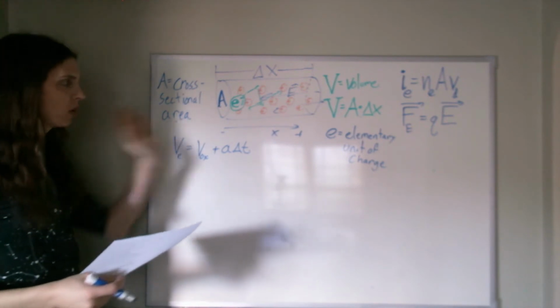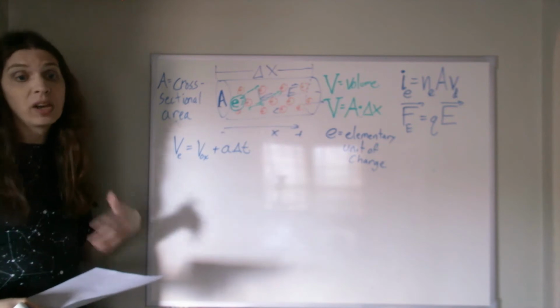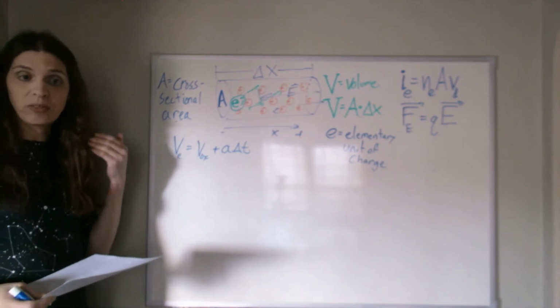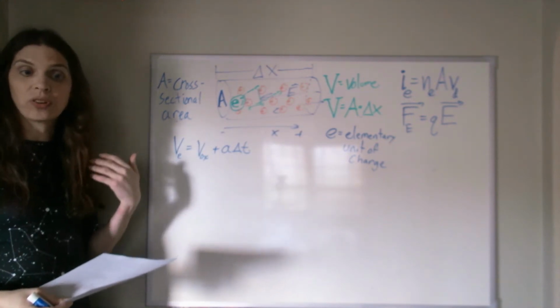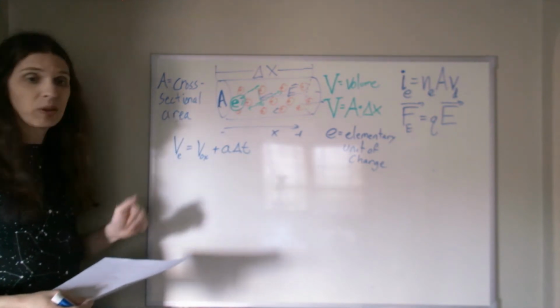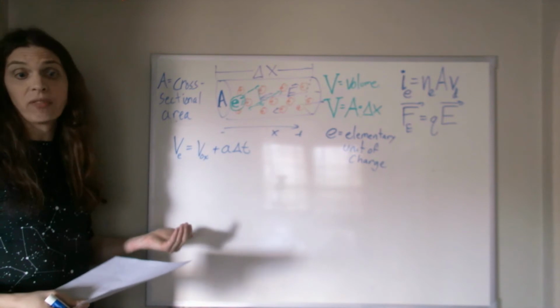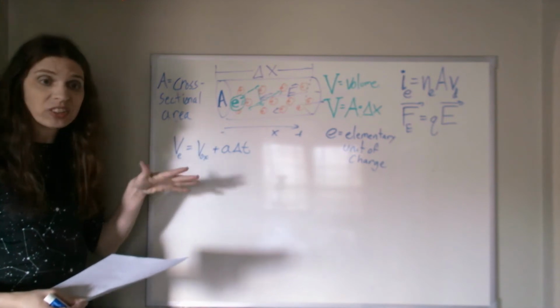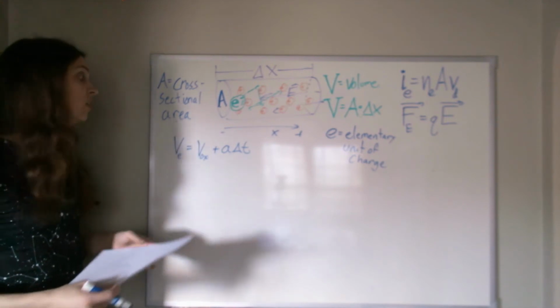And since we're going to be looking at all these electrons in bulk and looking at stuff like the drift velocity, which is a sort of average velocity for all of these electrons, then looking at averages for acceleration and constant acceleration is valid.